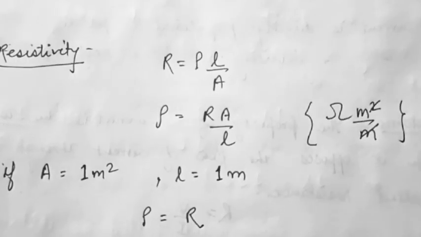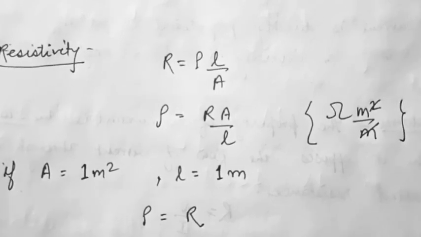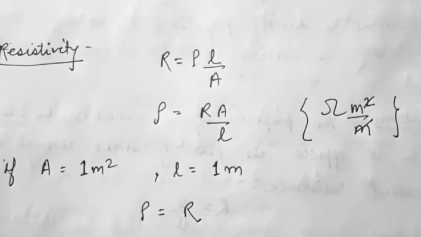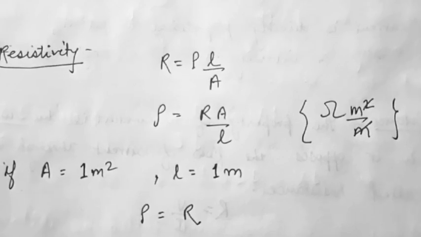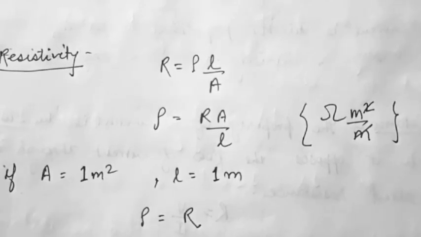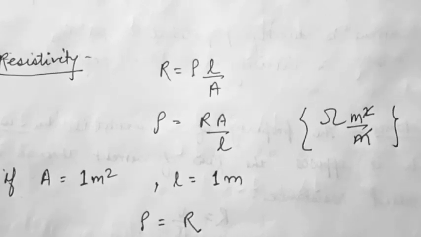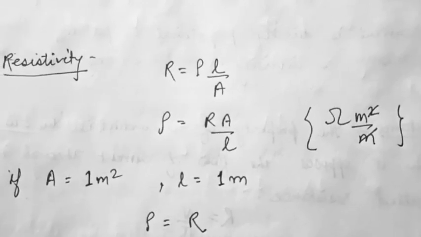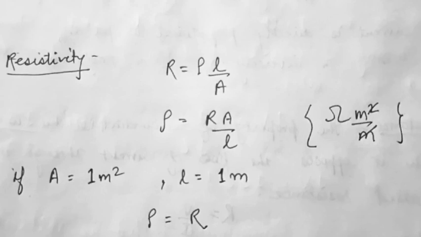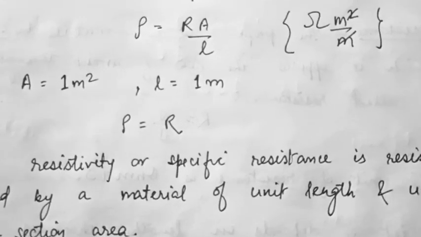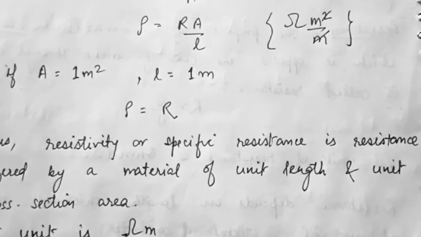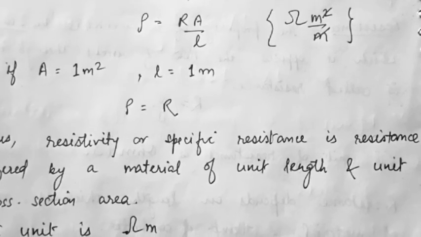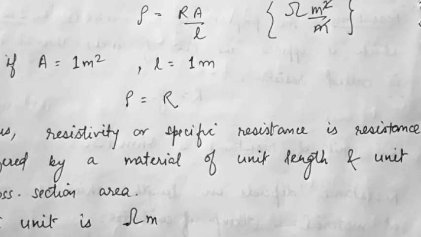So if someone asks how to define resistivity, we can just write by the formula R is equal to rho L upon A. If we transpose the values, we get rho is equal to R A upon L. If we take the cross section area as 1 meter square and length as 1 meter, in SI terms, we get rho is equal to R, and then the definition becomes very easy: resistivity or specific resistance is the resistance offered by a material of unit length and unit cross section area.